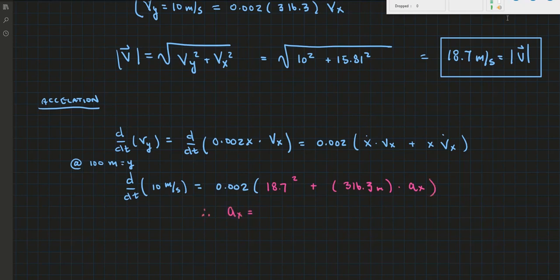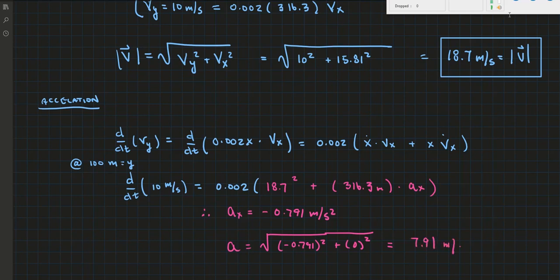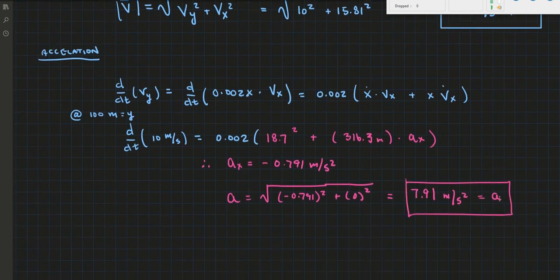So therefore, acceleration in the x equals minus 0.791 meters per second squared, and I can calculate the magnitude as this quantity, and that equals essentially just 7.91 meters per second squared. And that's our value for the magnitude A.